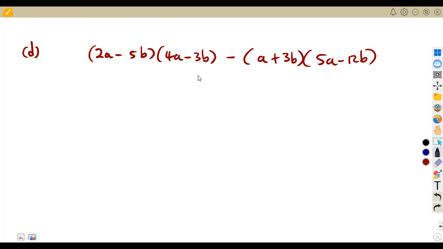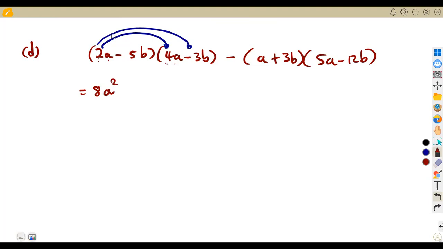But the idea of expanding the brackets is not changing. So we are going to multiply 2a times 4a. 2 times 4 gives us 8, then a and a gives us a squared. So 2a times 4a is going to be 8a squared.